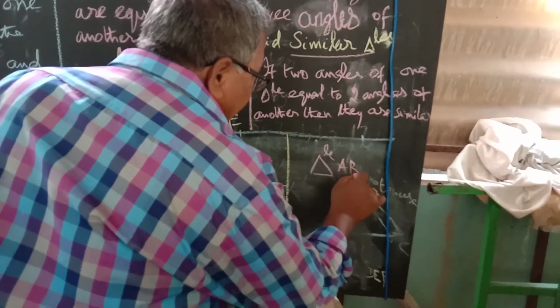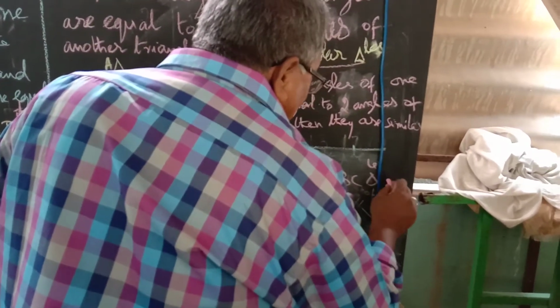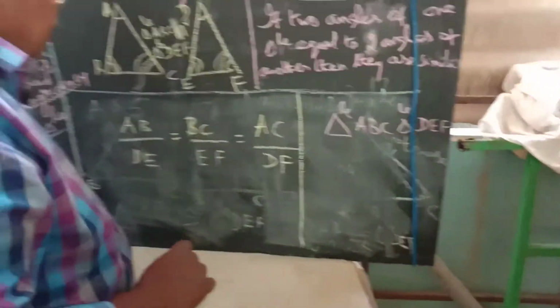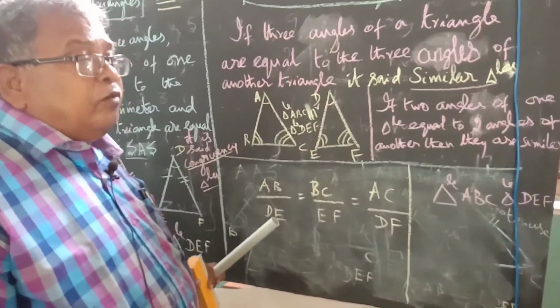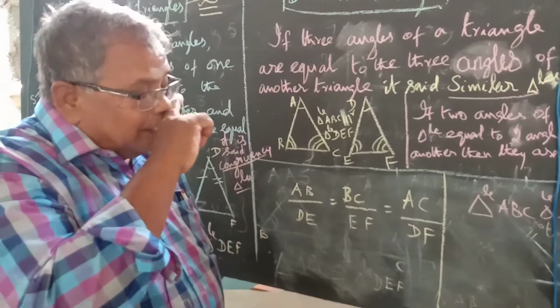If you take triangle ABC and triangle DEF, it is not an easy thing; it is complicated to find the corresponding sides. For that, there are some techniques. What is the technique?